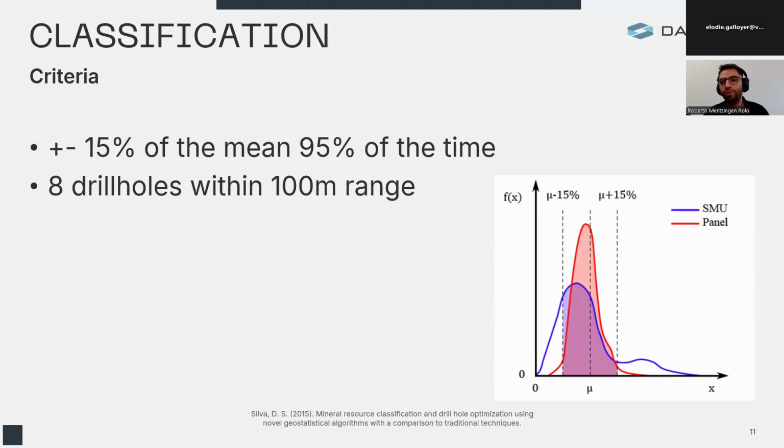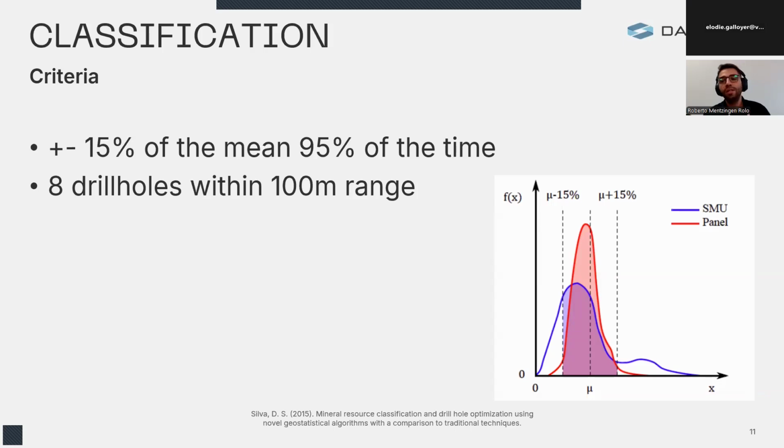And this allows us to capture effects like heteroscedasticity or the proportional effect that kriging variance cannot capture. It means that high-grade zones usually show greater variability, and simulations properly reflect this dependency on grade values.